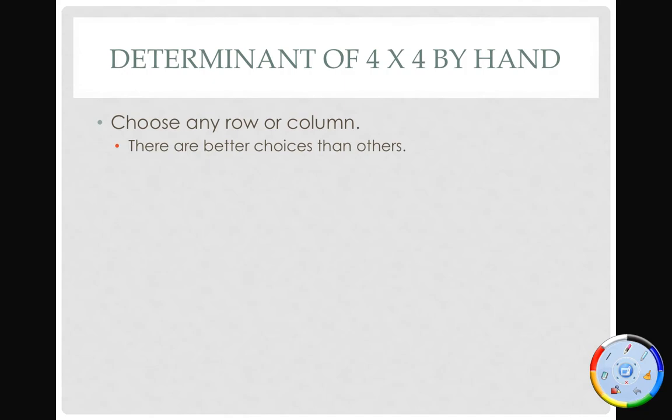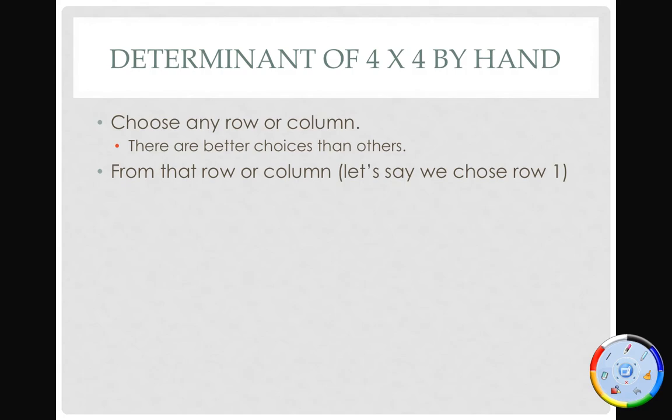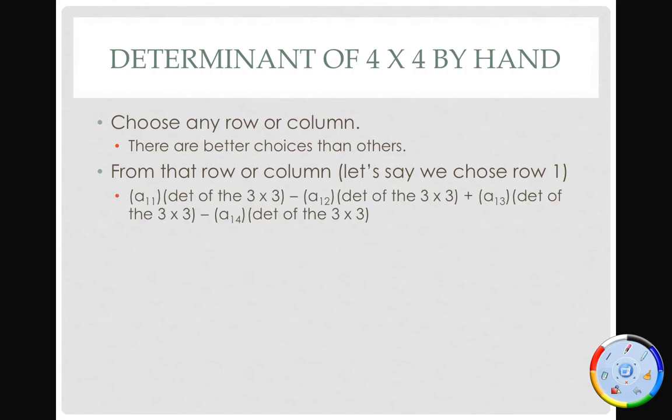Usually small numbers and zeros are pretty nice to use. Zeros are extremely nice because it gets rid of parts of your calculations. From that row or column, what you end up doing is basically the same thing you did for a 3x3. You take that first term and you multiply it by the determinant of the leftover 3x3.